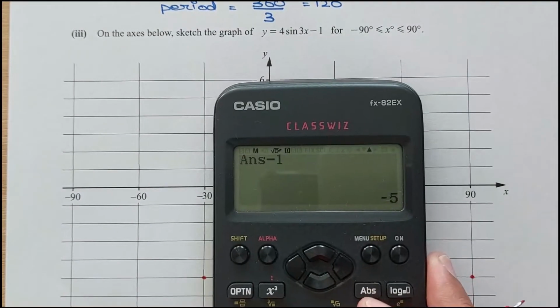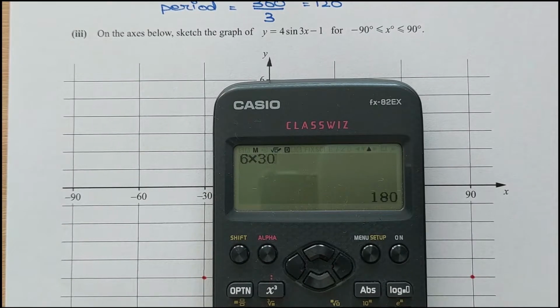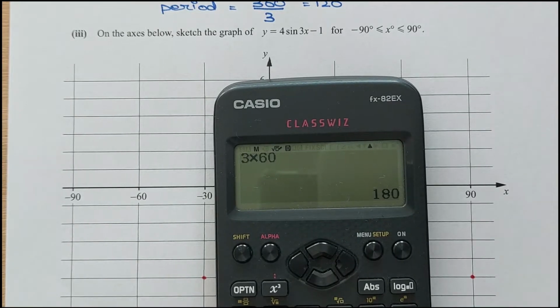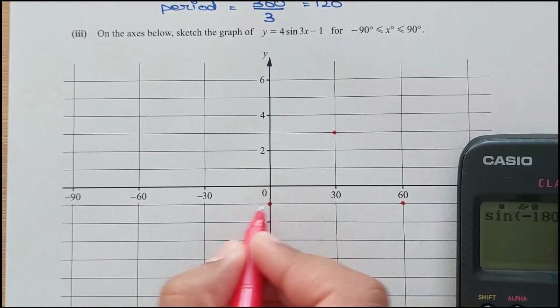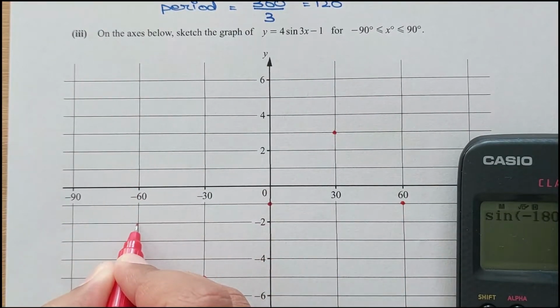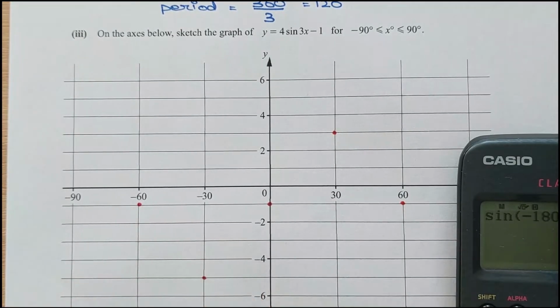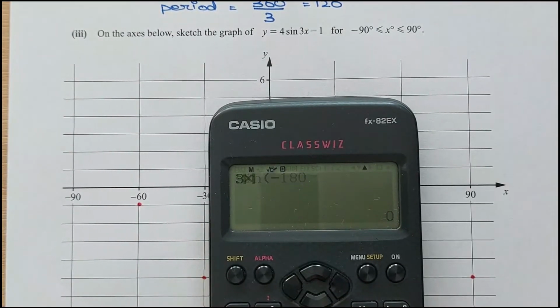Now let's do minus 60. So 3 times 60 is 180, right? Sorry, 3 times 60, yes, is 180. So sine of minus 180 is 0, so just minus 1. So at 60 it is at minus 1. This point. No, this point is minus 1. Now for 90, 3 times 90 is 270.